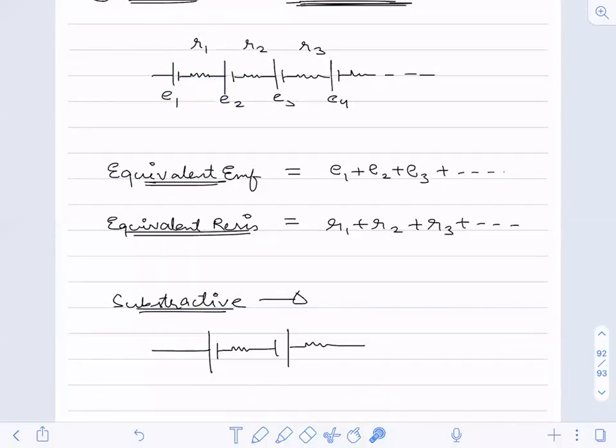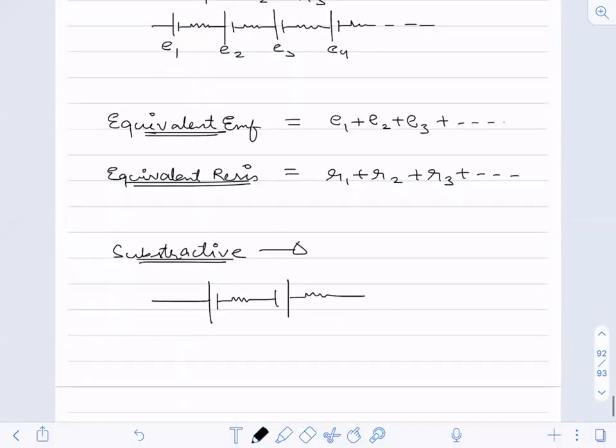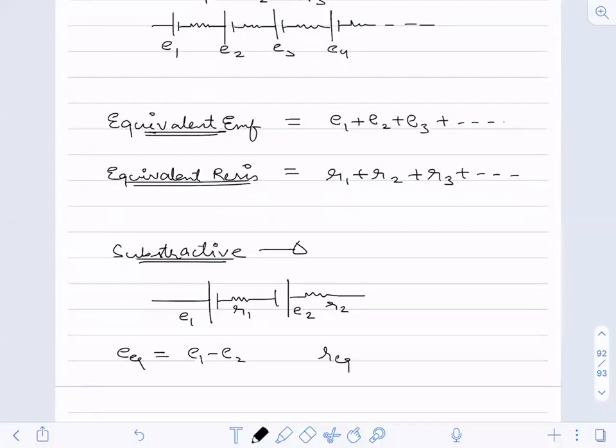Like that it is an additive circuit, but when you do it this way, it is subtractive in nature. So this is E1, this is E2, this is R1 and this is R2. If you want to calculate the equivalent EMF, it will be E1 minus E2, and the equivalent resistance is still like this.